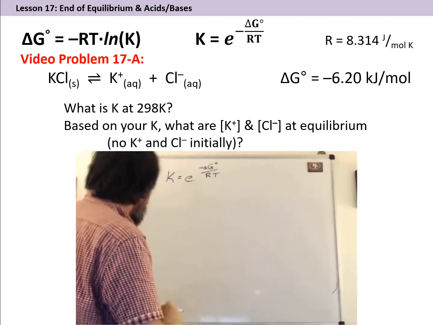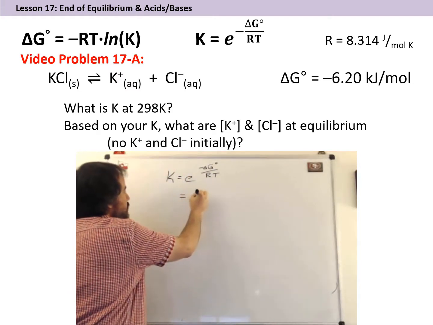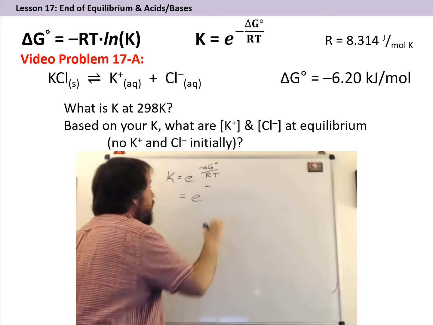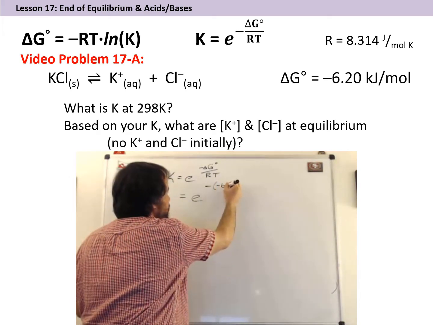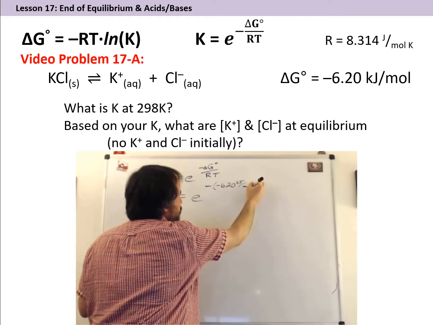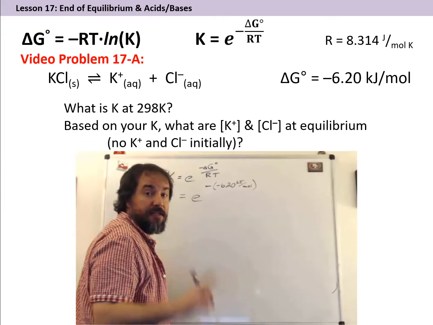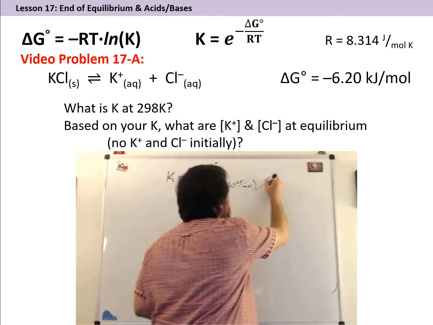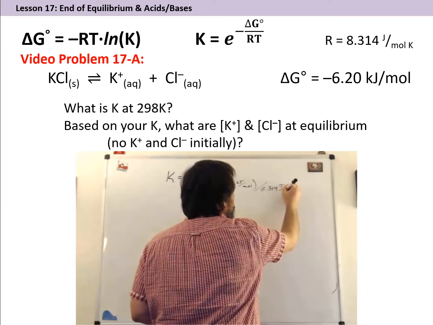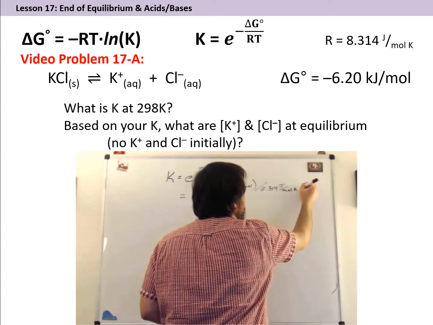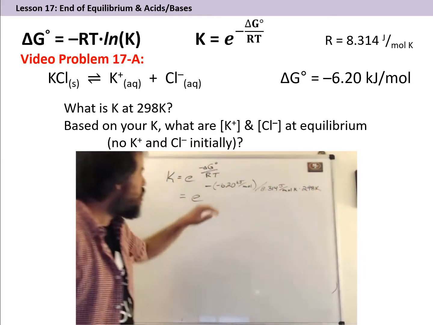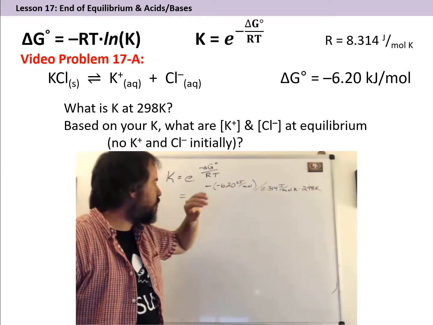All right, so K equals e to the negative 6.20 kilojoules per mole. Be careful about the signs and also watch out for the units. Divided by 8.314 joules per mole K times 298 K. Notice this is in kilojoules, this is in joules.